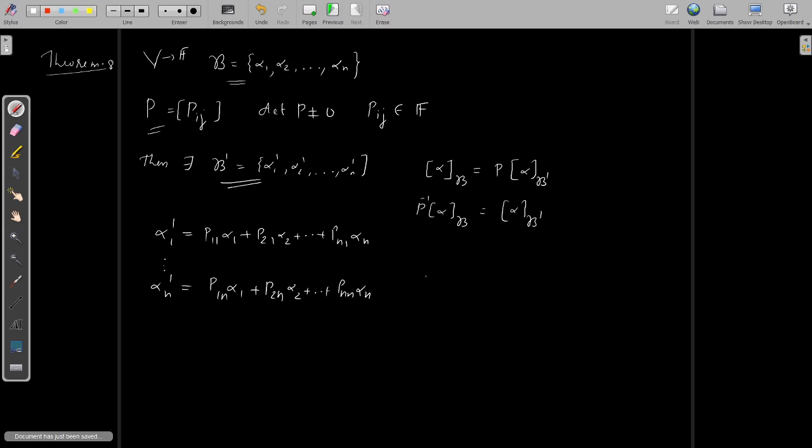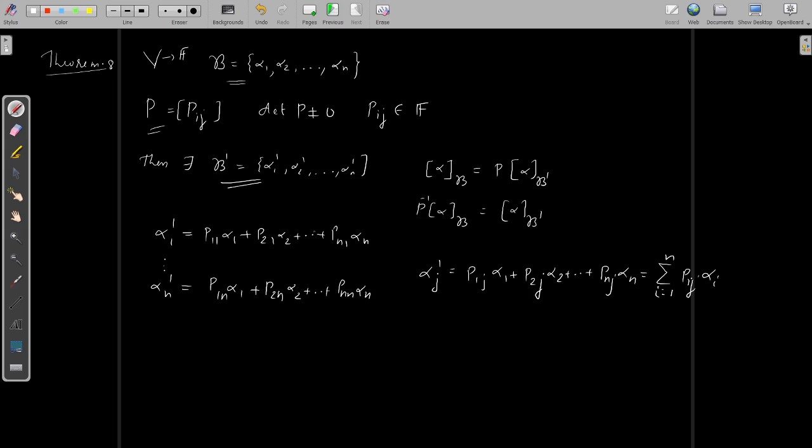We can abbreviate this as alpha j prime equals P1j alpha 1 plus P2j alpha 2 plus etc., Pnj alpha n, which is nothing but the sum over i from 1 to n of Pij alpha i. This is the definition of alpha j prime.